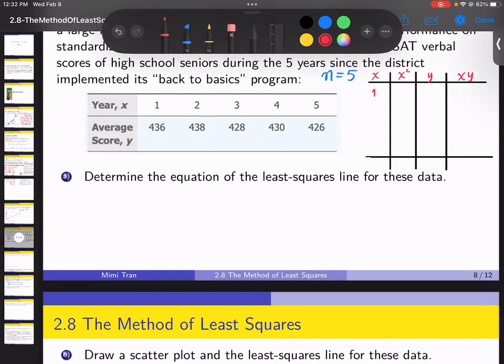X is 1, 2, 3, 4, 5. X squared will be 1, 4, 9, 16, 25.